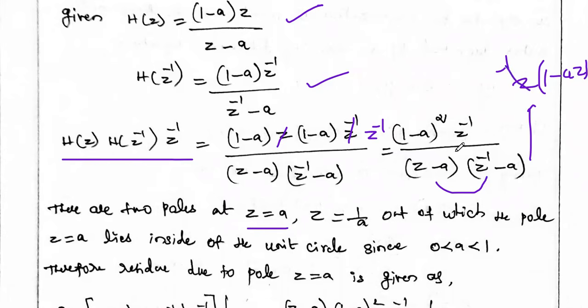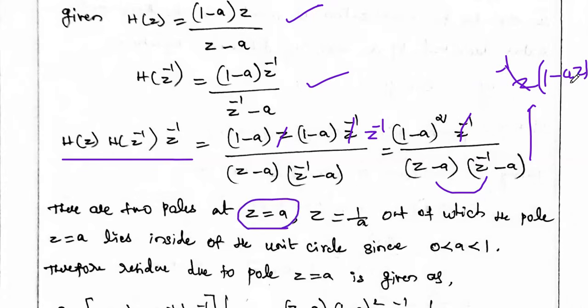So this z inverse and the numerator z inverse cancel. Finally 1 minus a the whole square divided by z minus a into 1 minus a z. For z minus a, the pole value is z equal to a.